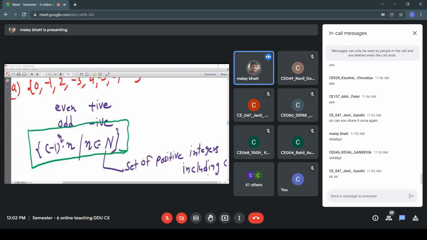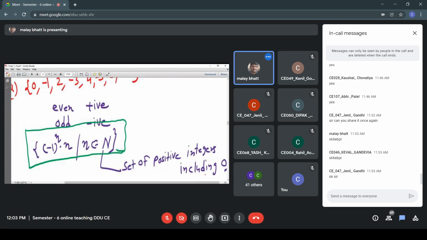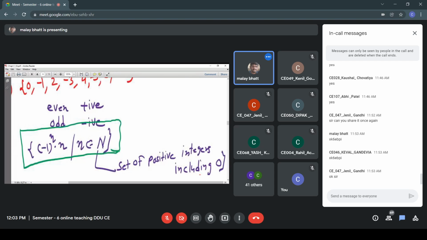When we write this capital N, here we are using a special symbol for that, and it includes 0 as well. So it is not a set of natural numbers, because natural numbers do not include 0. We can say this is indicating a set of whole numbers, right? So (-1)^n times n.